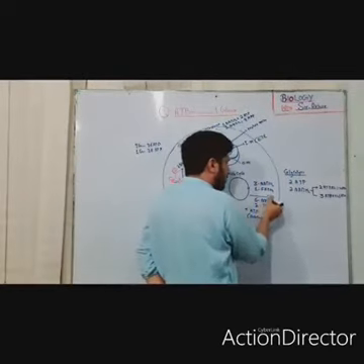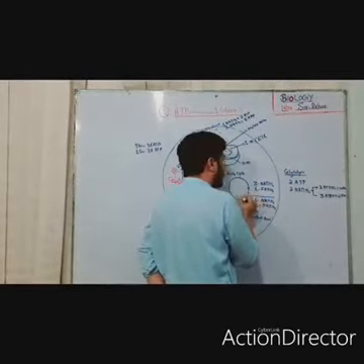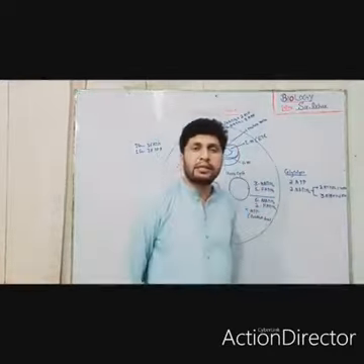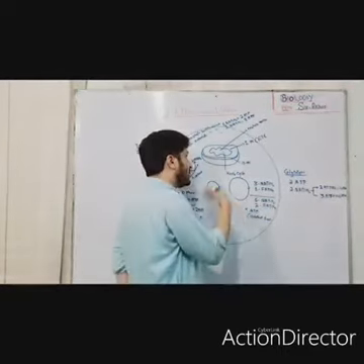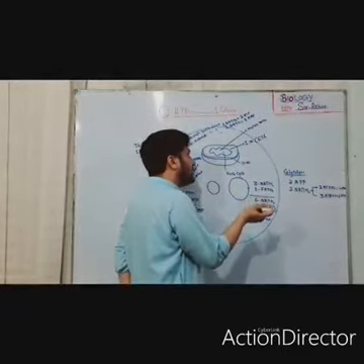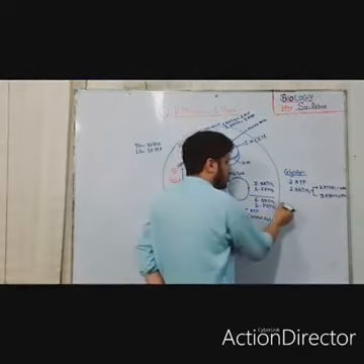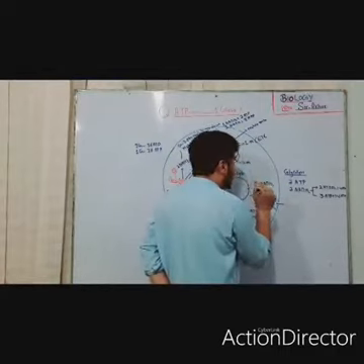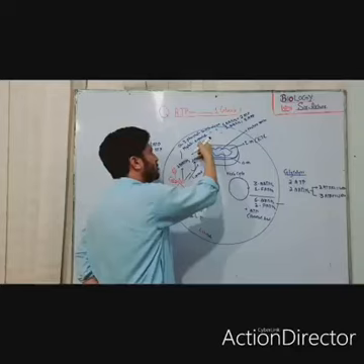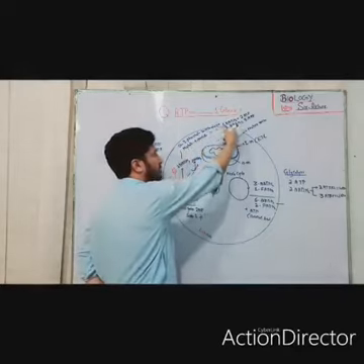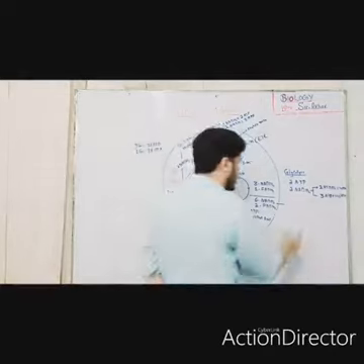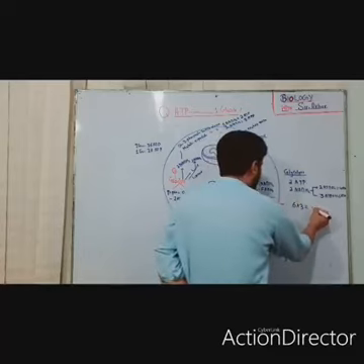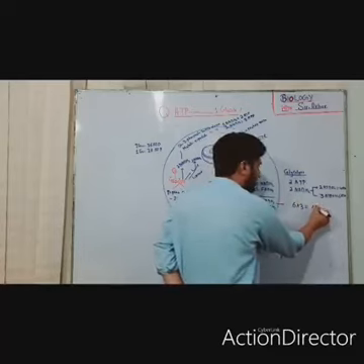Now we will calculate the total amount of ATP from the Krebs cycle. When these coenzyme molecules enter the electron transport chain, they are converted into ATP by the process of phosphorylation. Here one NADH2 molecule produces 3 ATP. 6 multiplied by 3 is equal to 18.